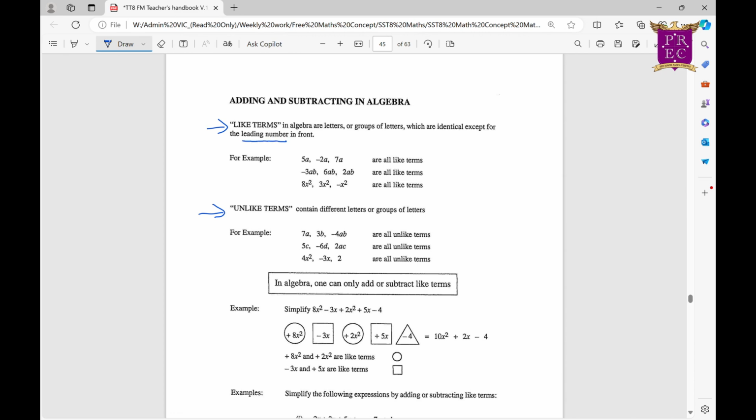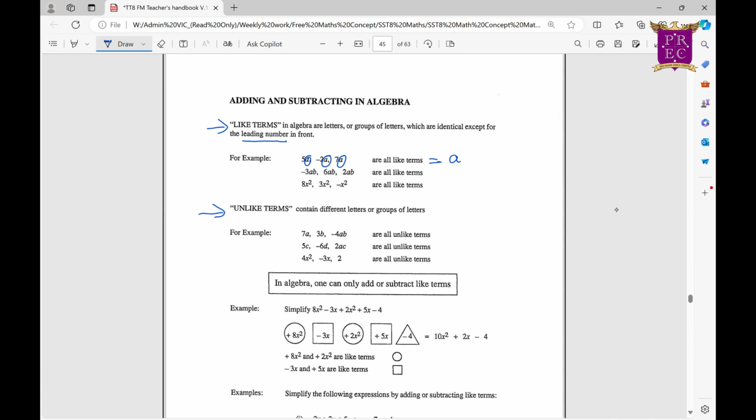As you can see below, there are 3 examples given, and if you look at the first 3 terms, you'll notice that all of them have a as their pronumeral. So that would be the pronumeral that makes all of these like terms.